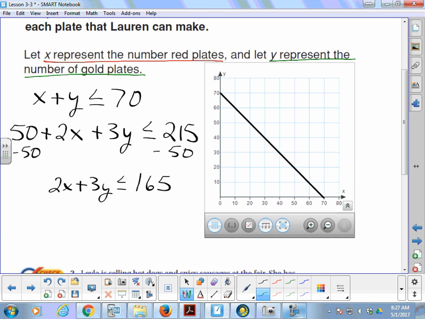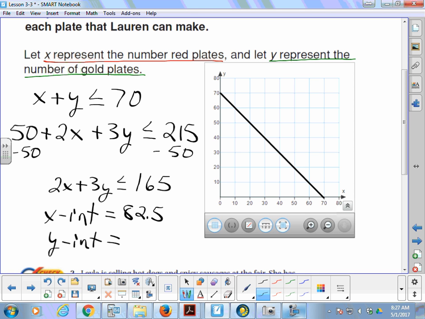All right. The one thing is that my x window is not quite big enough. So I'm going to have to work on that. All right, got to make it a little bigger. So my x-intercept is going to be 82.5. And my y-intercept, let's see, what's 165 divided by 3? Anybody know? Top of your head, Michael?